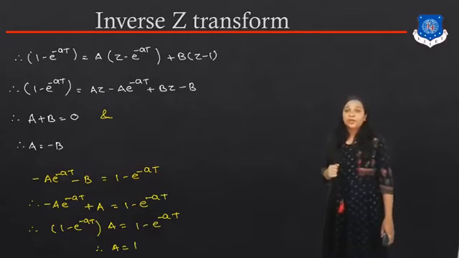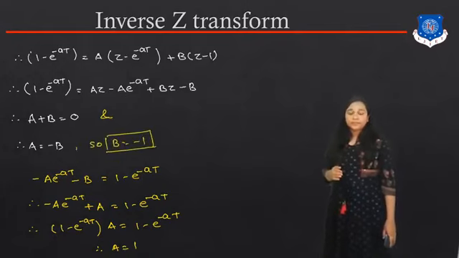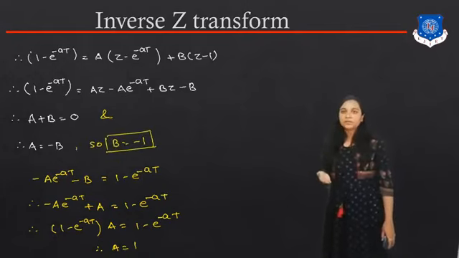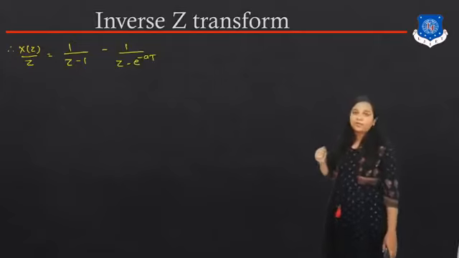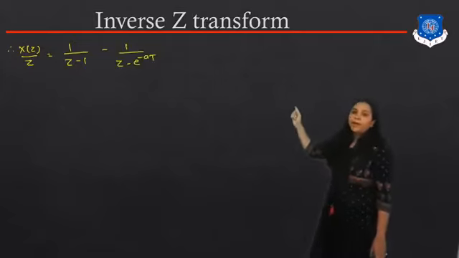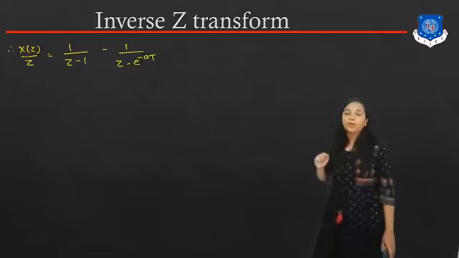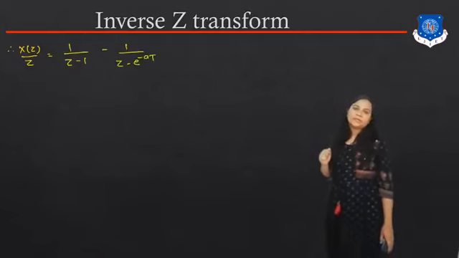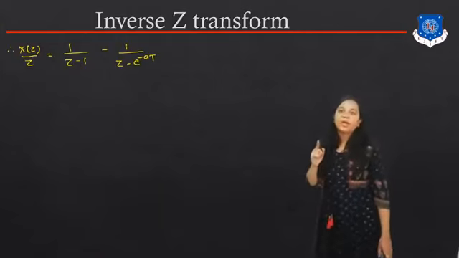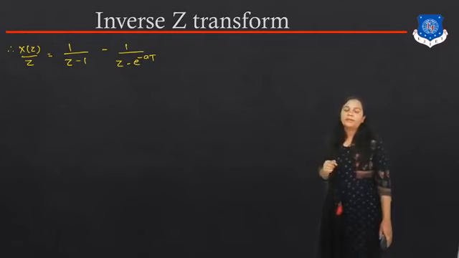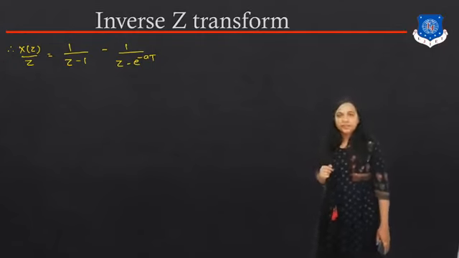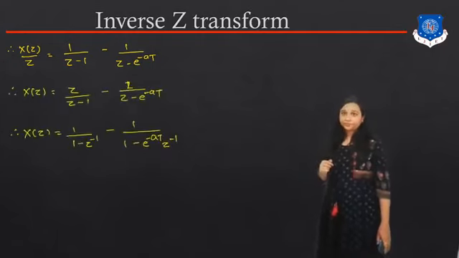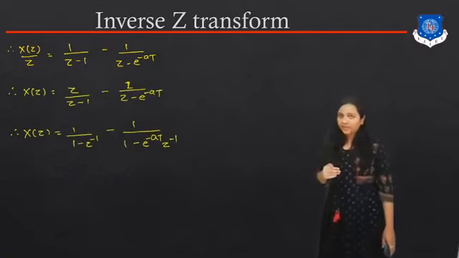Now we put the values of A and B in the previous equation. We get x of z upon z that is equal to 1 upon z minus 1 minus 1 upon z minus e raised to minus aT. Now simplify this equation.